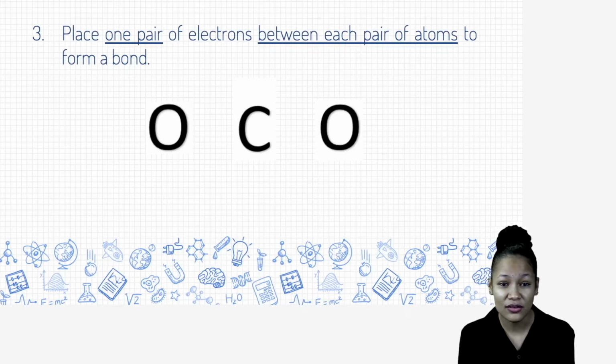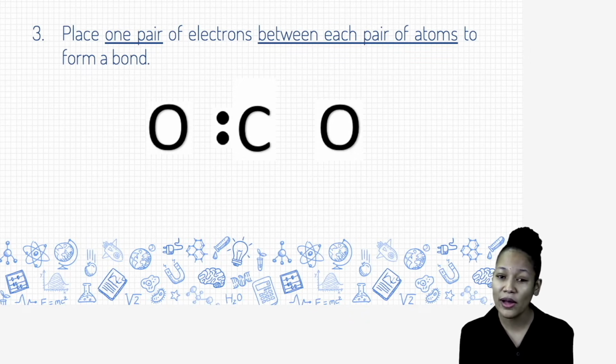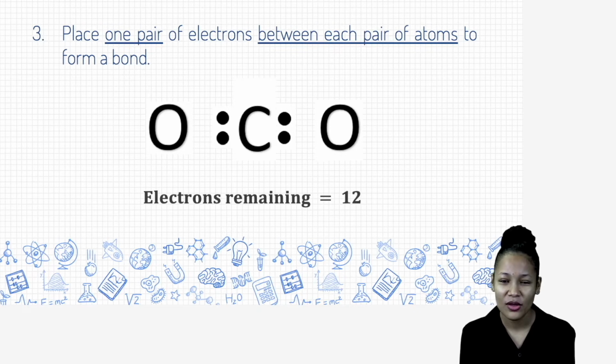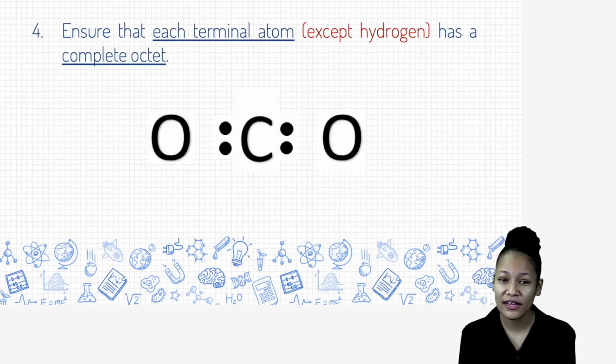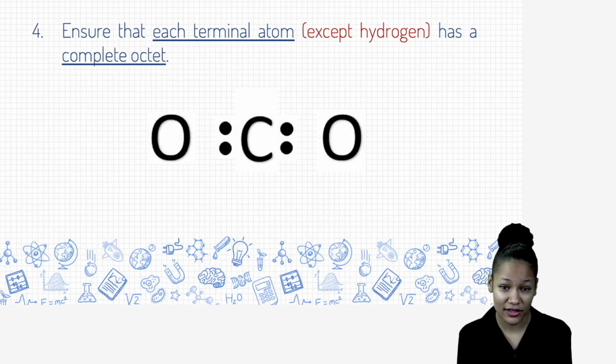Step number 3 says we need to place only one pair of electrons between each pair of atoms to form a bond. So we place 1 between carbon and the oxygen on the left, and 1 between carbon and the oxygen on the right. We find that the remaining number of electrons at this point is 12. Step 4 says that we need to ensure that each terminal atom, except hydrogen, has a complete octet.